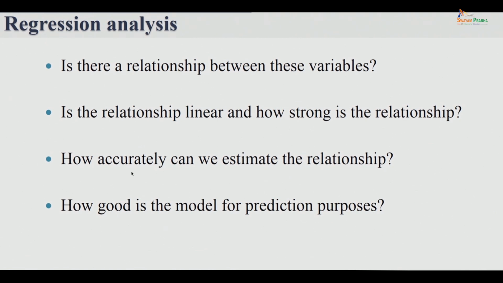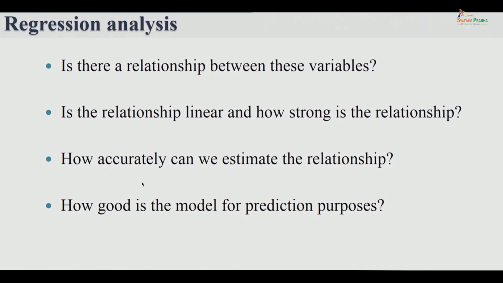Also, since we are dealing with data that has errors or is stochastic in nature, and we only have a small sample that we can gather from the particular application, we want to ask this question: what is the accuracy of our model, in terms of how accurately we can estimate the relationship or the parameters in this model, and if we use this model for prediction purposes subsequently, how good it is.